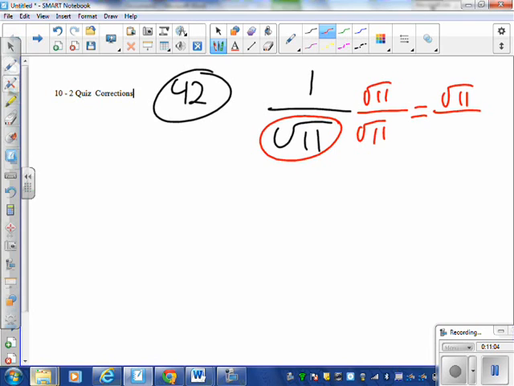On the bottom, square root 11 times square root 11 is just 11. Remember the trick? If you have the same number with the square root sign, your final answer is that same number. You could go square root 11 times square root 11 and get that number, and then take the square root of that number. You're going to end up, again, still getting 11. So that's what you want to do with this problem.